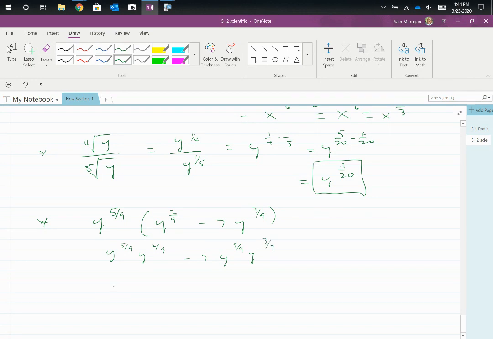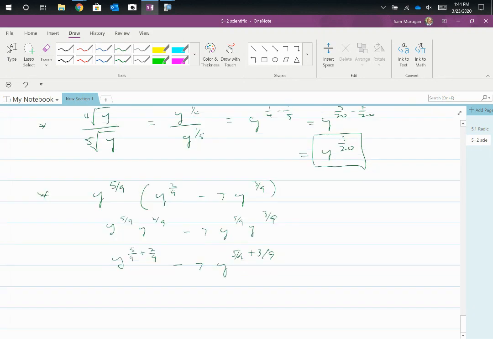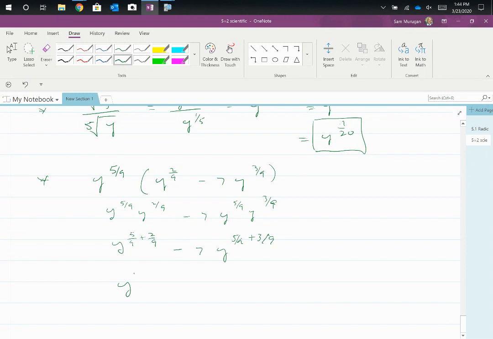Then add your exponents. So this is all powers, the roots, all 9s here. So this is y to the power 7 over 9 minus 7y, 5 plus 3 is 8 over 9. Oh, there's the 9 right there.